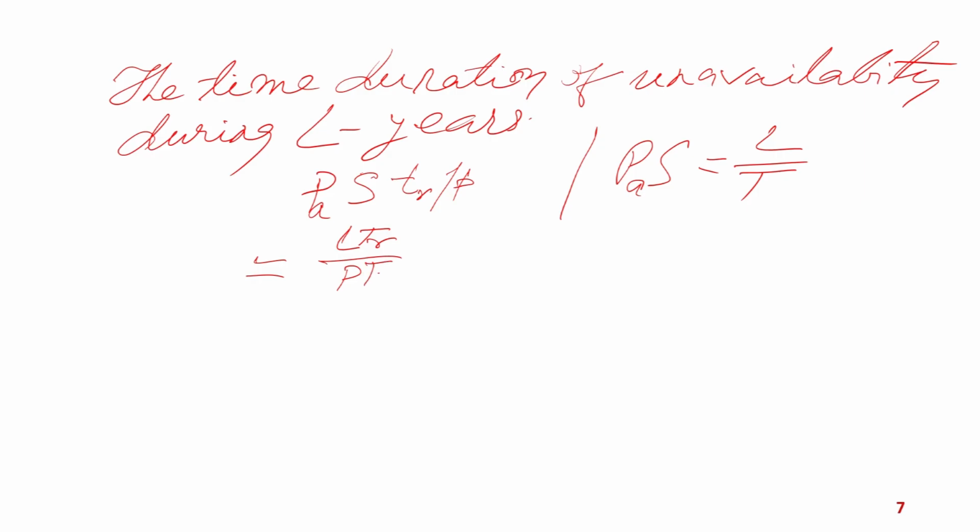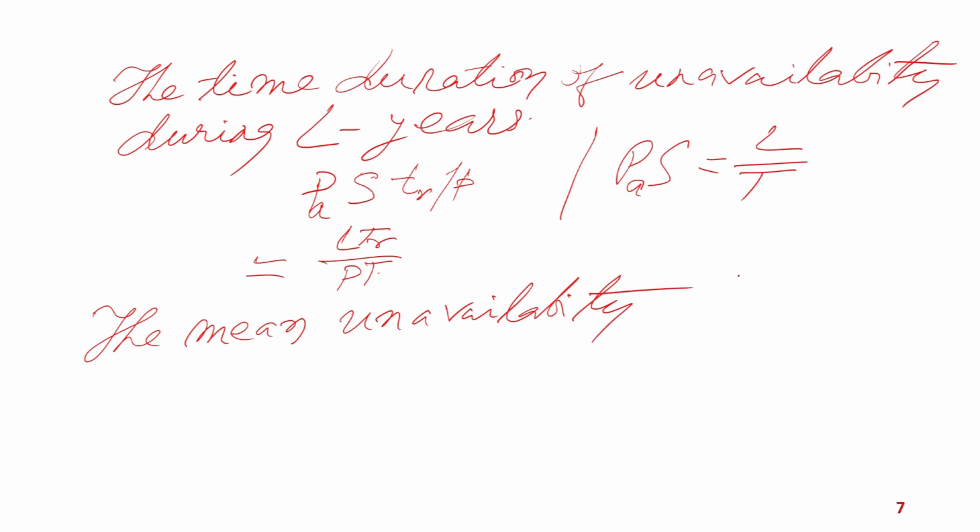So, therefore, the mean unavailability, that is the breakdown rate, I can write B. I can just divide it by L, and it is small t actually, not capital T here.